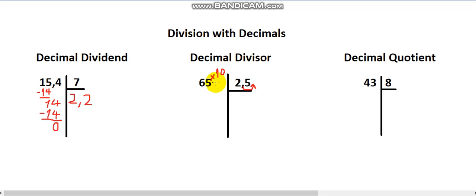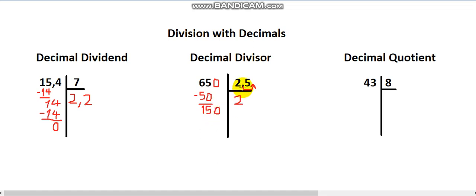65 times 10, of course, is 650. And now I can do my division, saying how many times does 25 go into 65? 2, which makes 50. Pull down the 0.